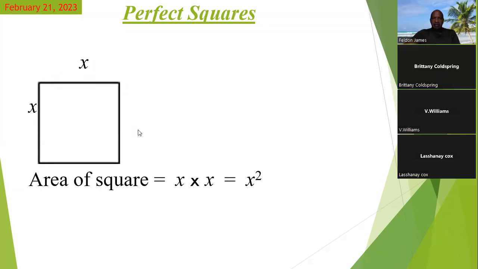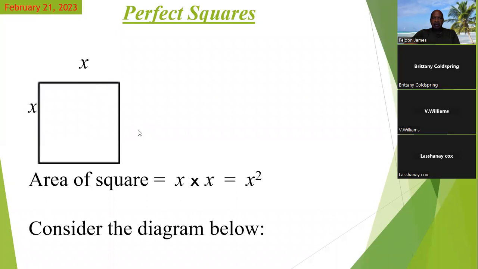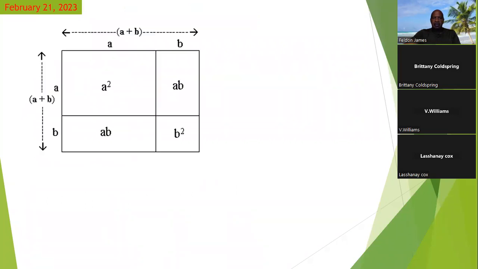Now, length times length based on this square would be based on each side having the length x. However, if we construct a square as the following, where it is still a square, however, the length of this square would be the sum of two lengths.